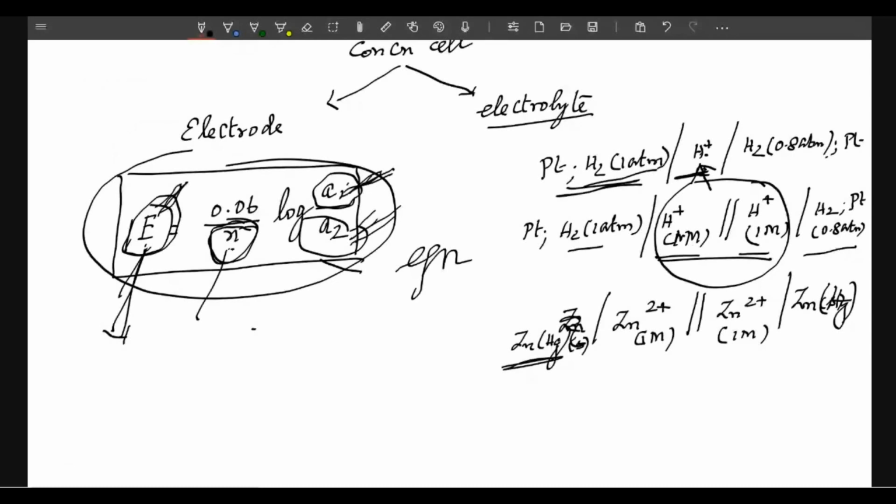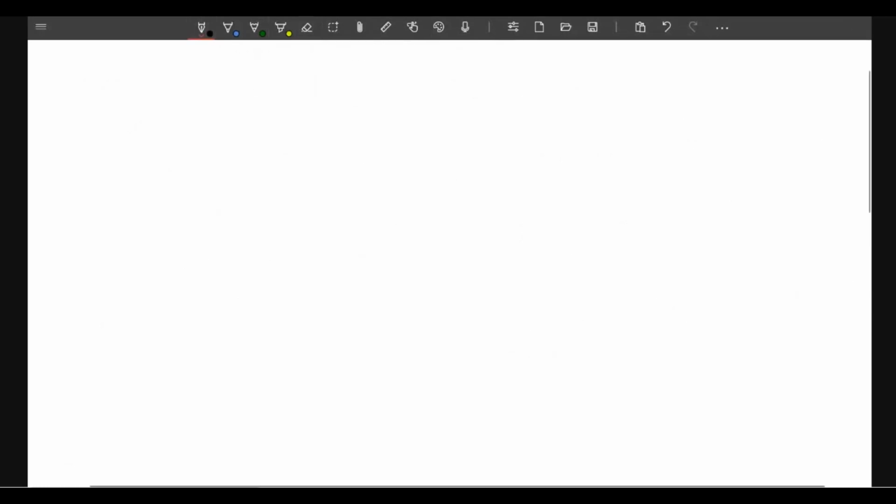So now we will see the electrolyte concentration cell. And the name itself, electrolyte concentration cell, means that due to the difference in the concentration of the electrolyte, electricity is produced, for which we will take, say, nickel solution in one compartment, nickel 2 plus, and I am adding the nickel electrode.